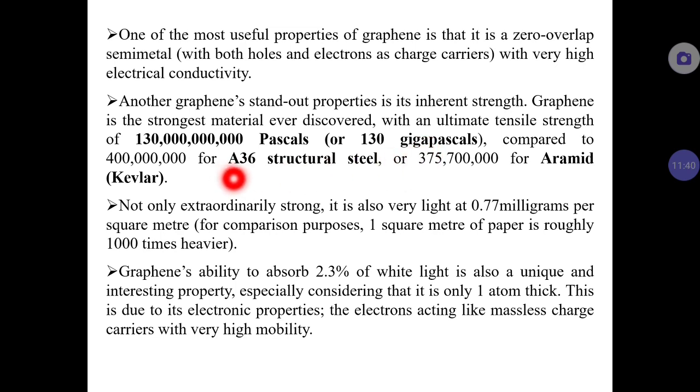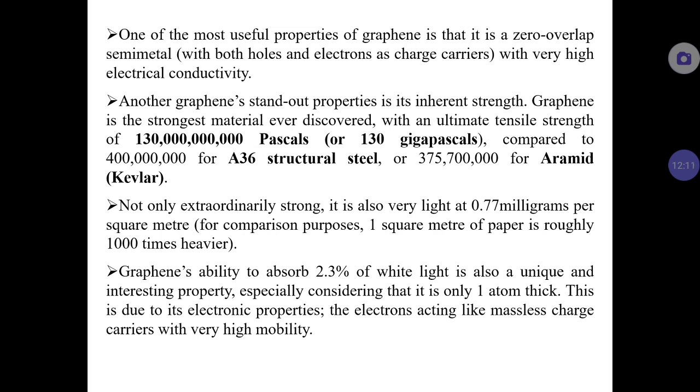When compared to A36 structural steel and aramid fibers, it possesses a very high value, because A36 has a value of some 400 megapascals, and aramid fibers possess 37.5 gigapascals. And compared to that, graphene possesses 130 gigapascals. That much strength is graphene.